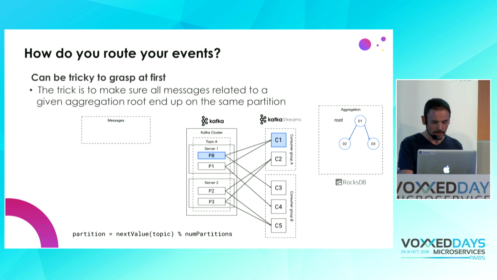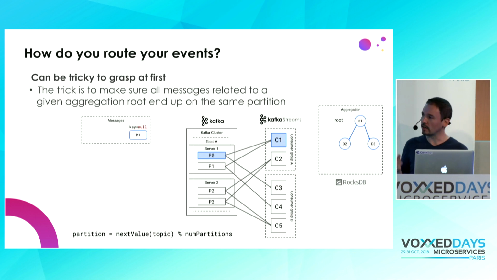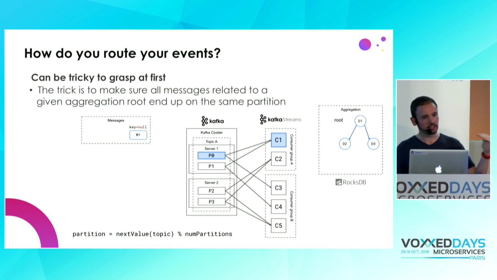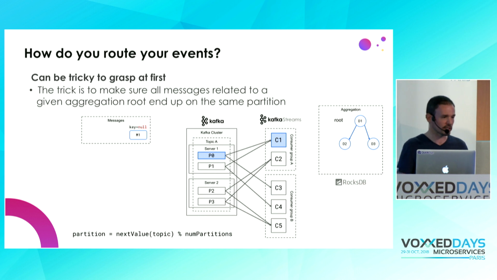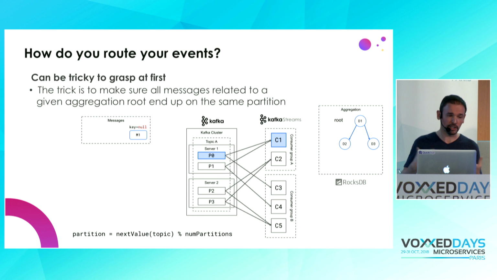Let's say that you have an M1 message that comes through, which represents the creation of that aggregation route. By default, if you don't give it a key, a null key, Kafka will use a simple round-robin algorithm in order to select the next partition where to route your message.